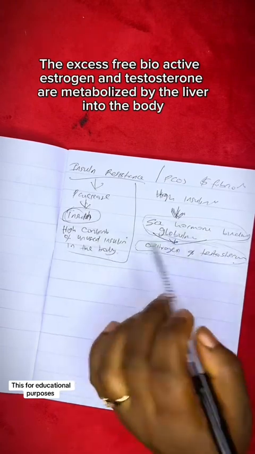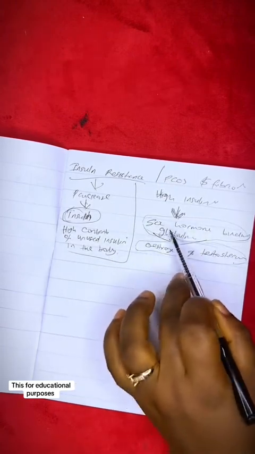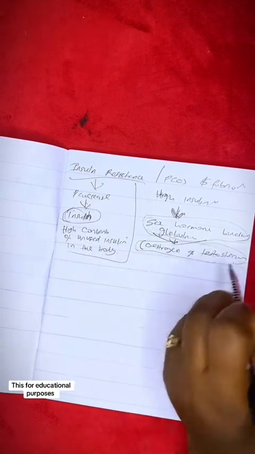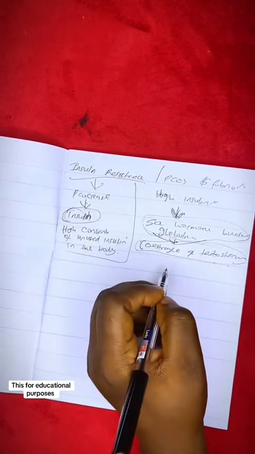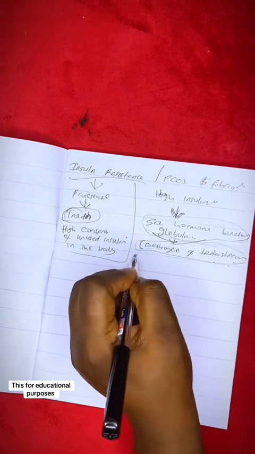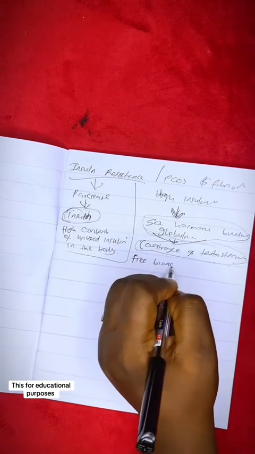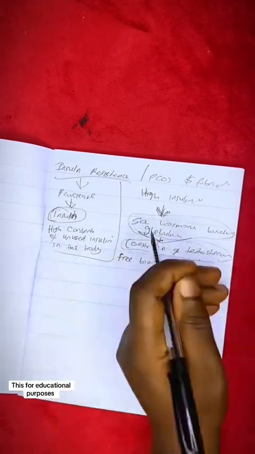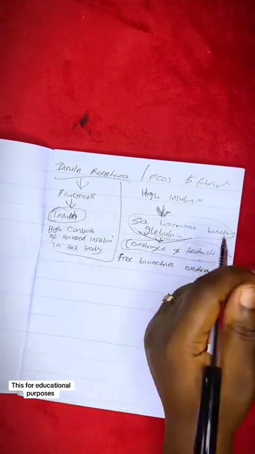And if this globulin, this binder, as we call it, can't bind to the free estrogen and testosterone found in the body, they will start moving around the body. That means you have free bioactive estrogen in the bloodstream.